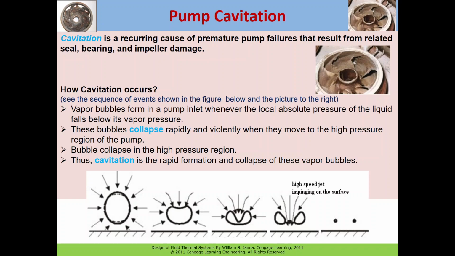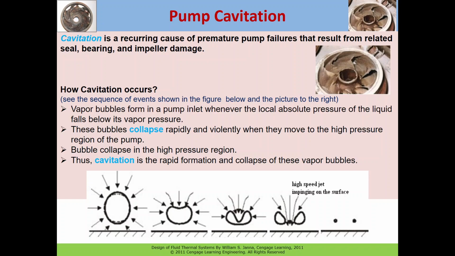Due to that impact and those sound waves, a metal-like sound appears, like something is hitting the metal, and the impact of the collapse on the surface erodes particles from the surface.